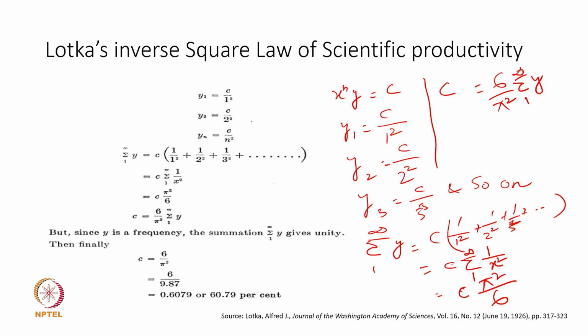Since here the y is frequency and the summation of this frequency gives unity, hence we get c is equal to 6 by pi square.